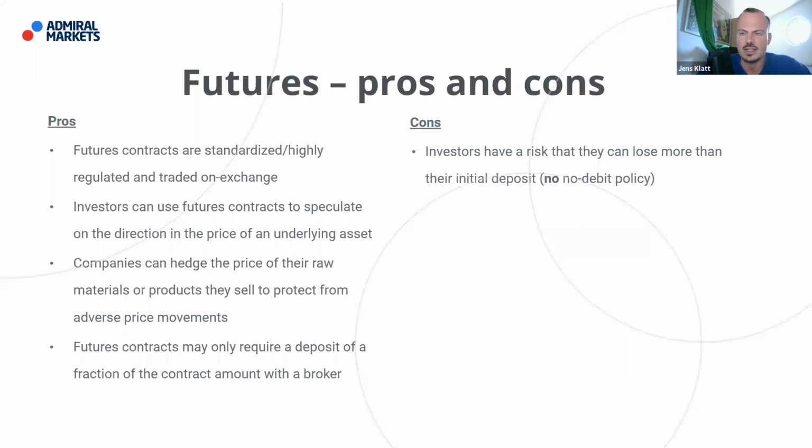But in addition to that, there's also something else: there is no so-called no debit policy. When you open an account with Admiral Markets, for example, as a retail trader, your potential loss is limited to the amount you deposit in your account. So your account can't go negative. That's a very big pro when trading a CFD and a big con when you're trading a future.